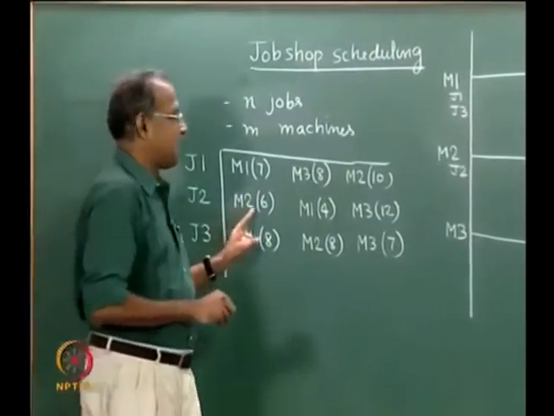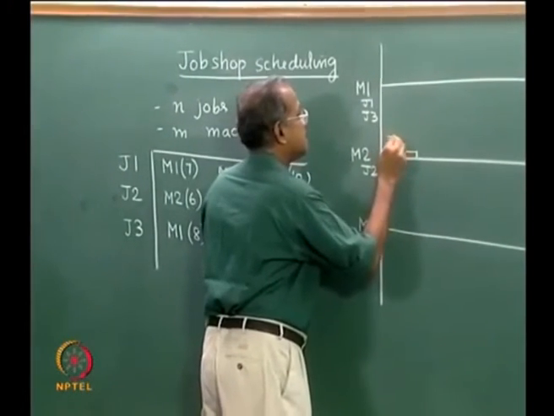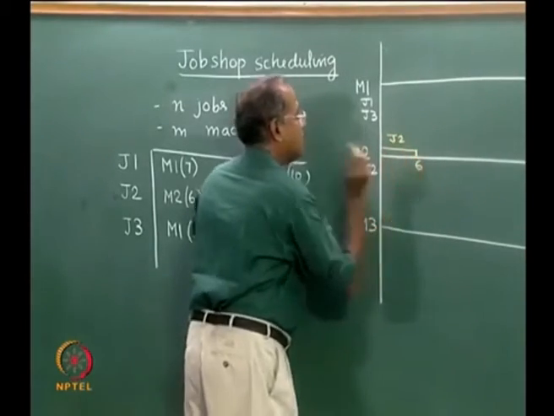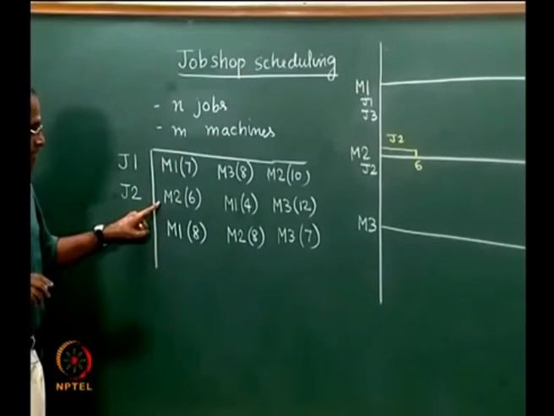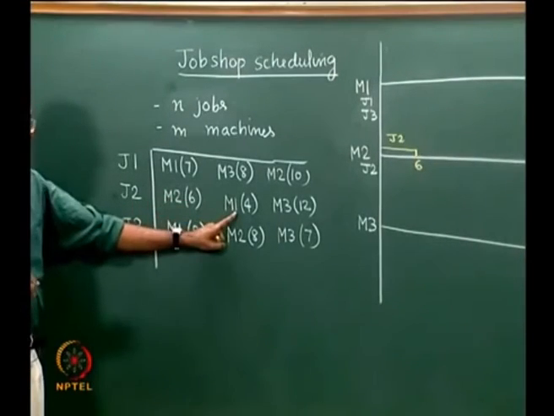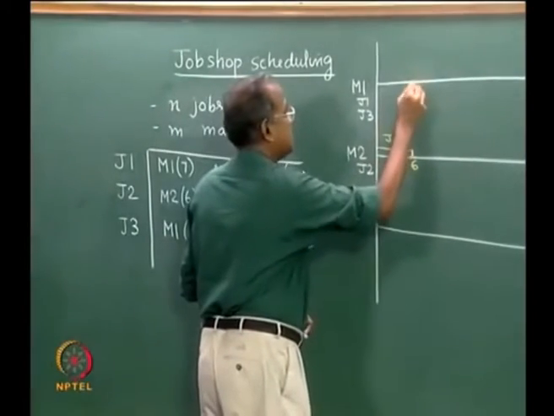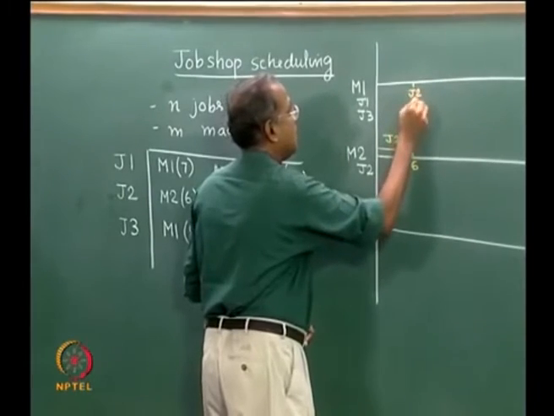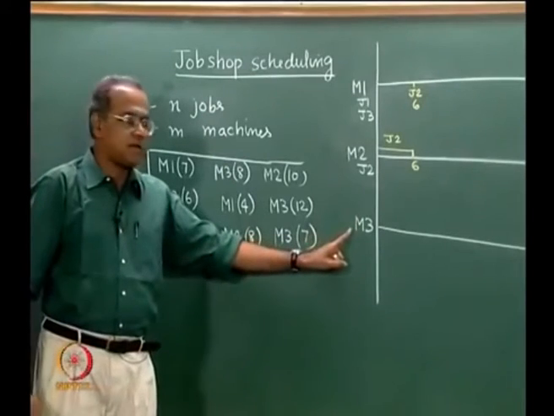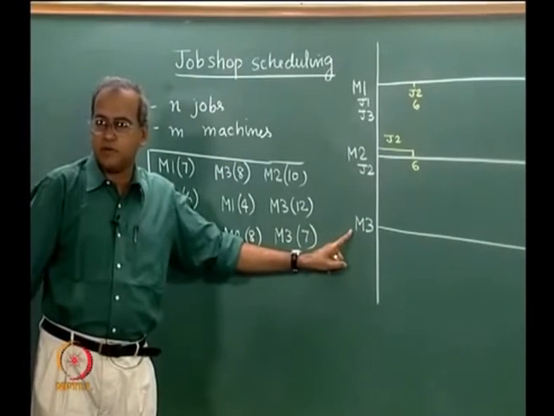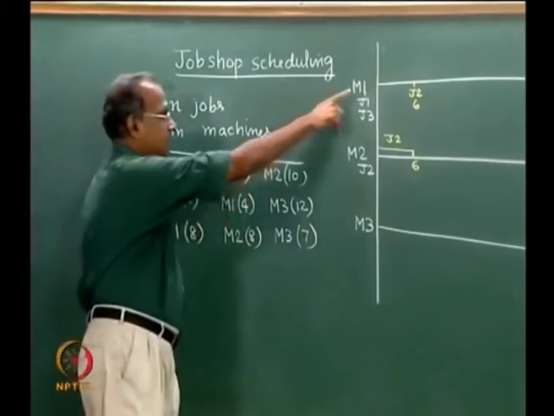It starts processing on M2 at time equal to 0, finishes at time equal to 6, because it requires 6 time units, and at time equal to 6 it will leave M2 and come to M1 for further processing, which we show here as J2 coming here at time equal to 6. At time equal to 0, M3 does not have any job in front of it, so M3 will remain idle. Now, we have to look at M1.